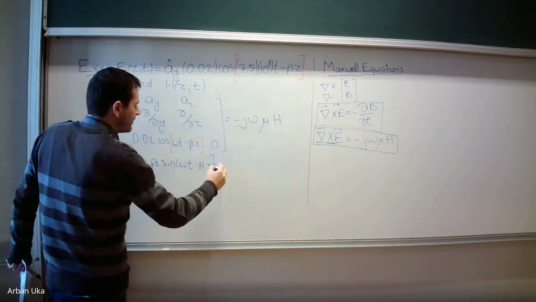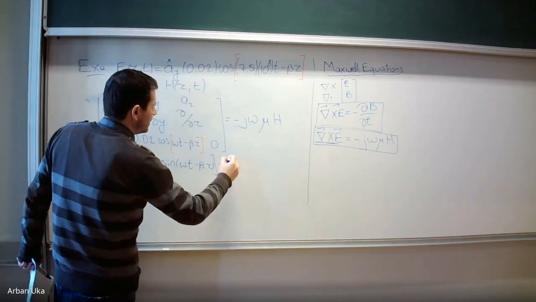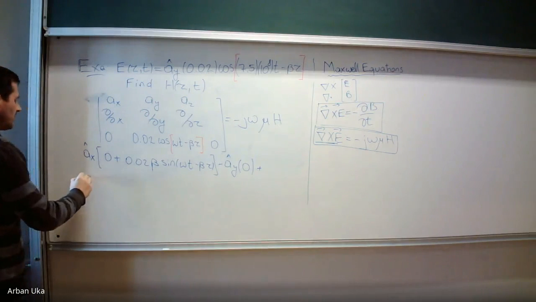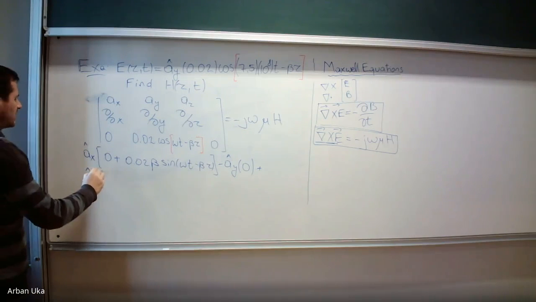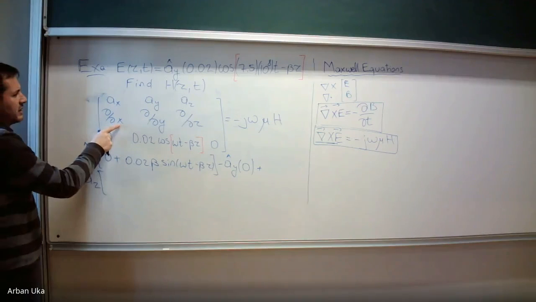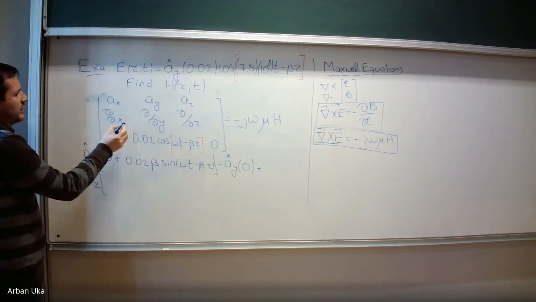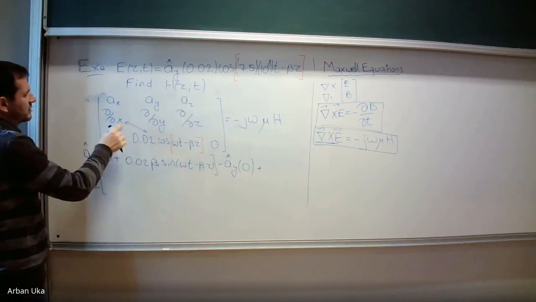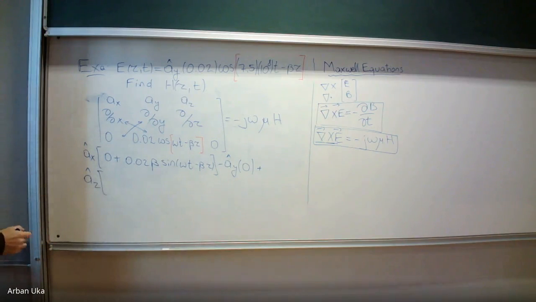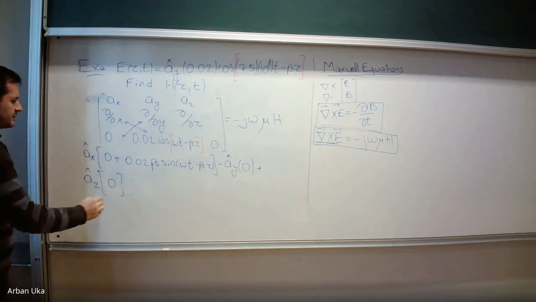So this is minus AY times 0 plus AZ. And AZ is equal to, we have the x derivative of this with respect to x and the derivative of the 0 with respect to y. So here we get another 0.